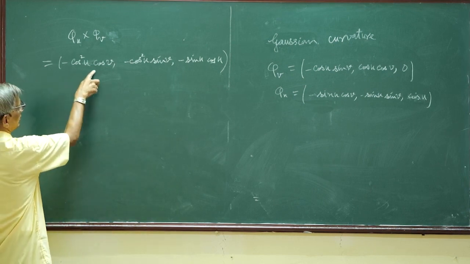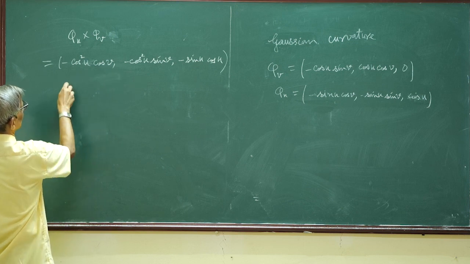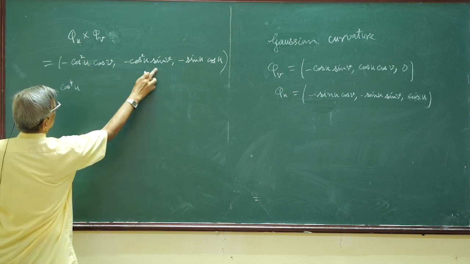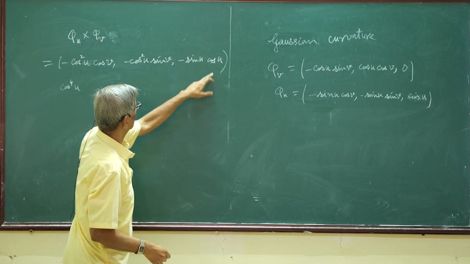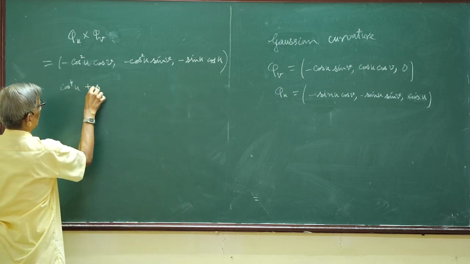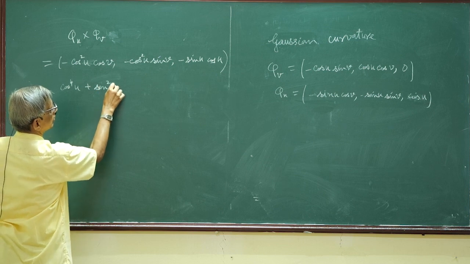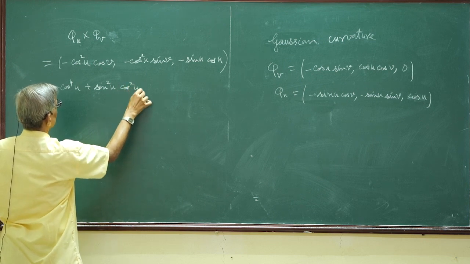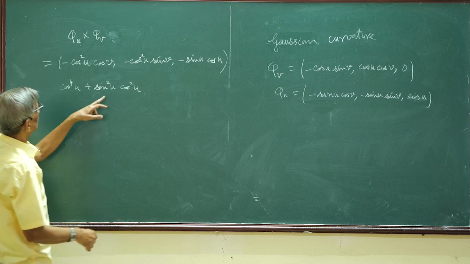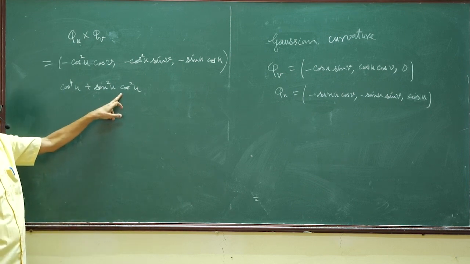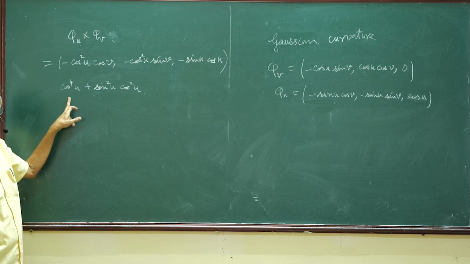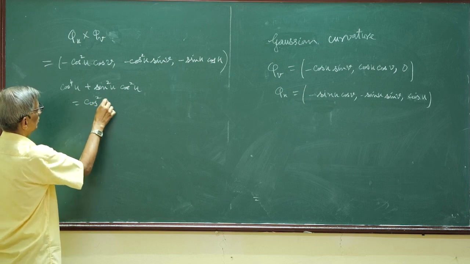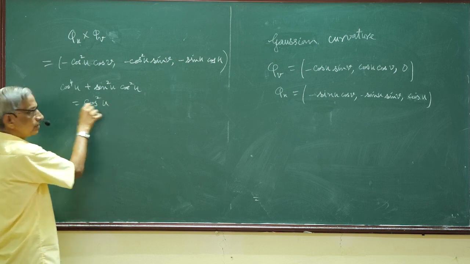So n is going to be, so what is the square and add, so what are you going to get? Cos to the 4 u plus square of this. So if you take cos square u, this is just cos square u, right?